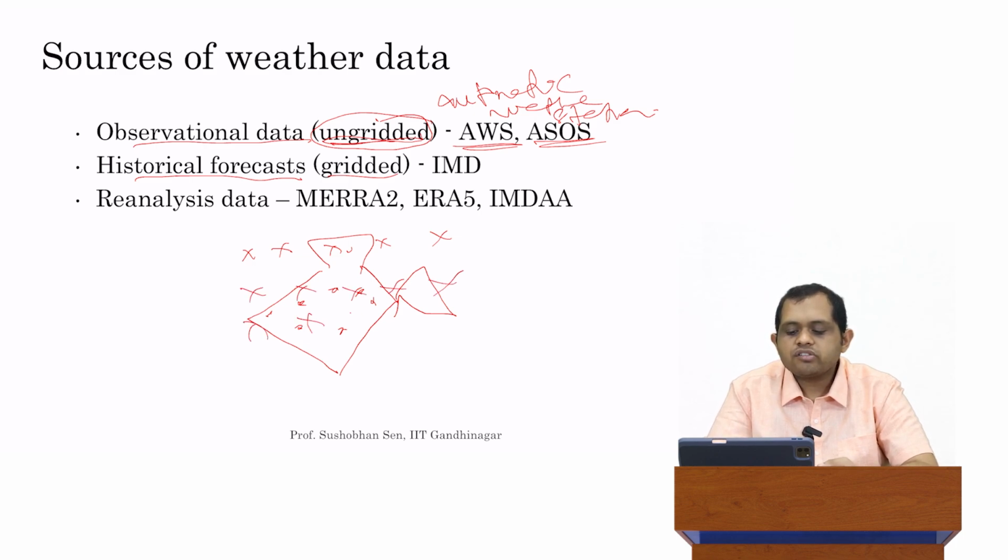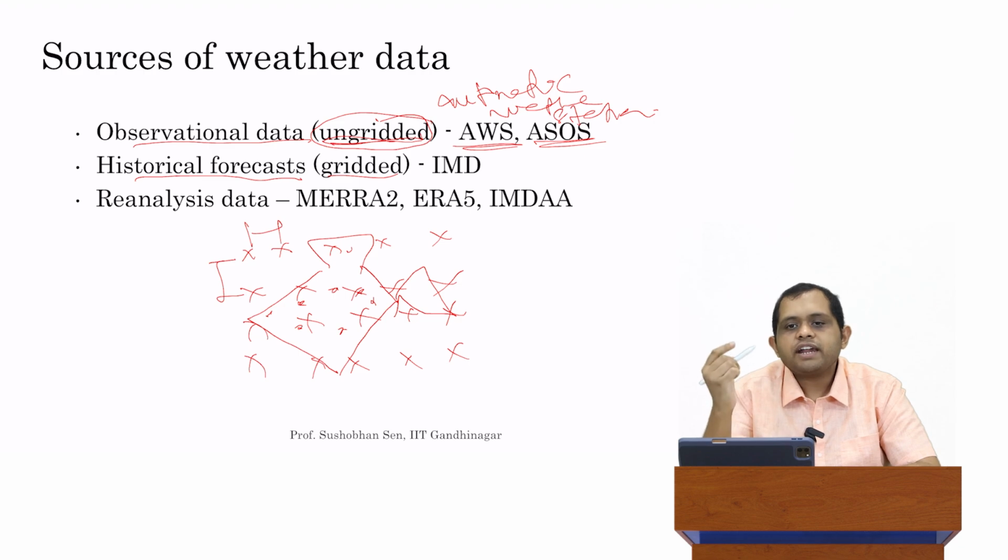And actually, the forecast is done beyond the country. It's actually done for the entire subcontinent. So we have these set of points which are at a regular distribution spatially. That is, they are distributed whether in the x direction or in the y direction. You have a regular set of points. That regular set of points is what we call a grid. So the historical forecast you can also get from IMD. They are called gridded data.